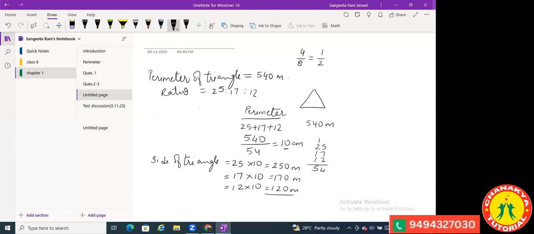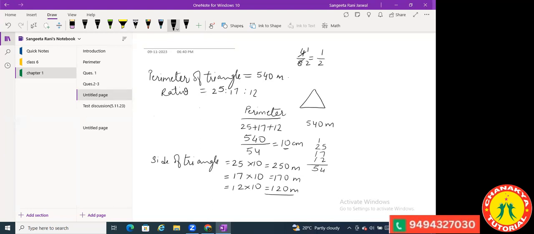Is 4 by 8 equal to 1 by 2? Yes, ma'am. 4 ones are 4, 4 twos are 8. So these are ratios. When you're saying these are ratios, that means it's not the actual number. To find the actual number, we need to multiply it with some number.